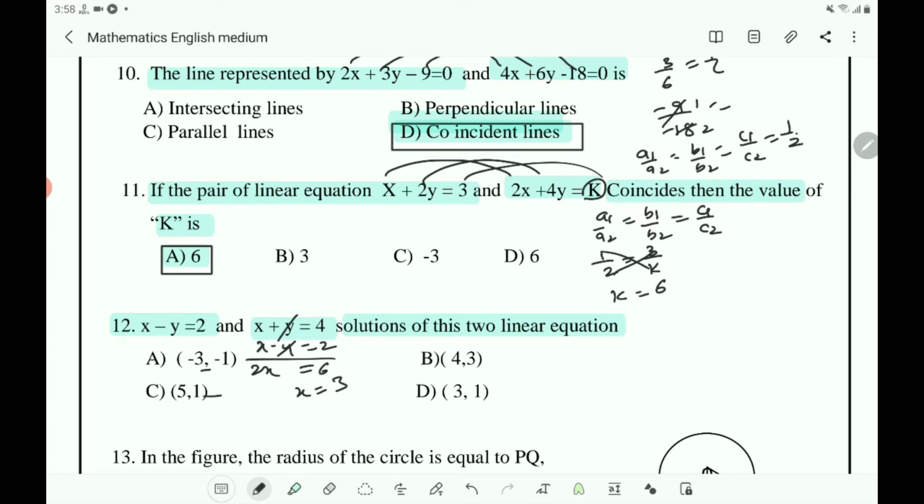Then if you put x equals 3, 3 minus y equals 2, then minus y equals 2 minus 3, which equals minus 1. So y equals 1. x equals 3 and y equals 1 is the answer, option D.